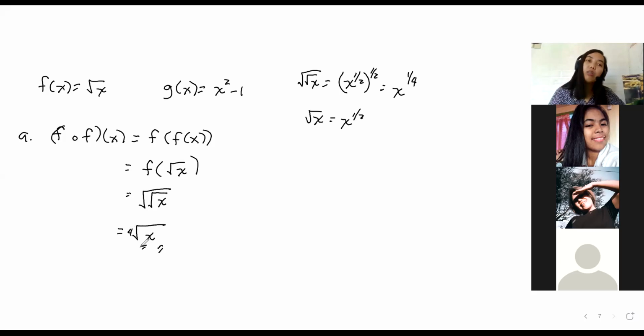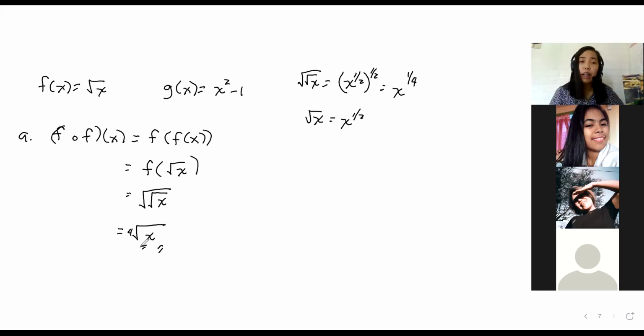So what is the domain for the first one? 4th root of x. Pwede ba ang negative numbers? Do you think? What is the lowest value that we can have for x?